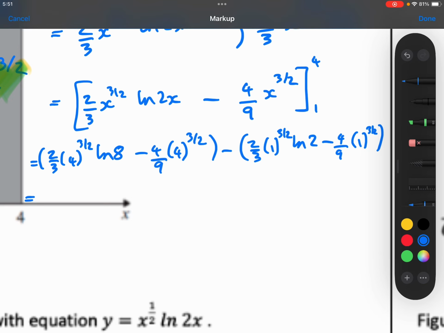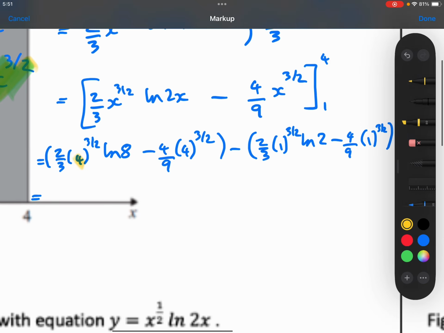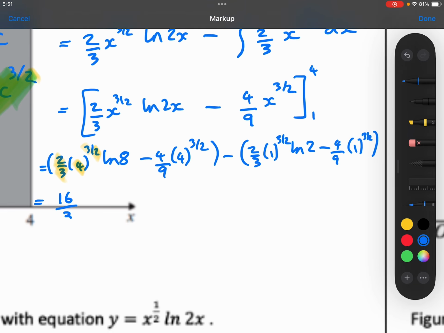Okay, so let's go through each of these. The square root of 4 is 2. 2 cubed is 8 times 2 over 3 is 16 over 3 ln 8.